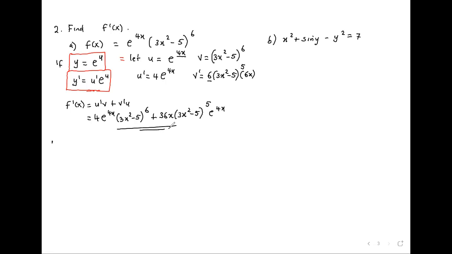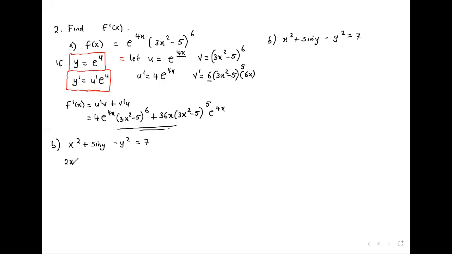Then we do b. B is x squared plus sin y minus y squared is equal to 7. Since we can't solve for y, we use implicit differentiation. So we differentiate x squared, we get 2x.